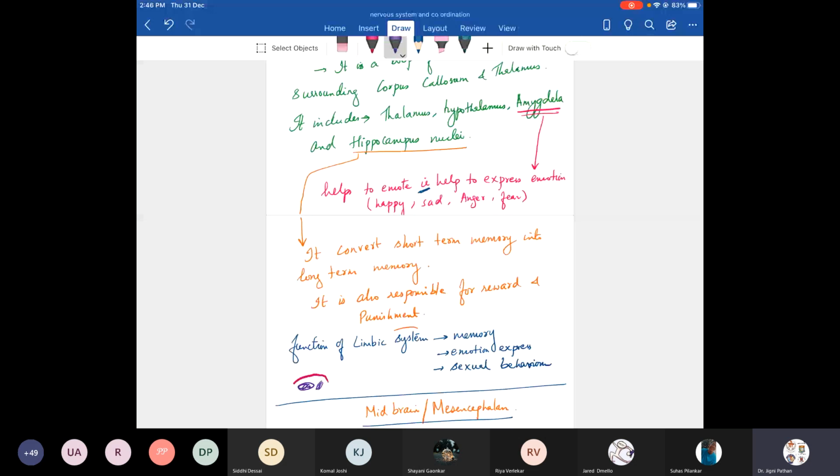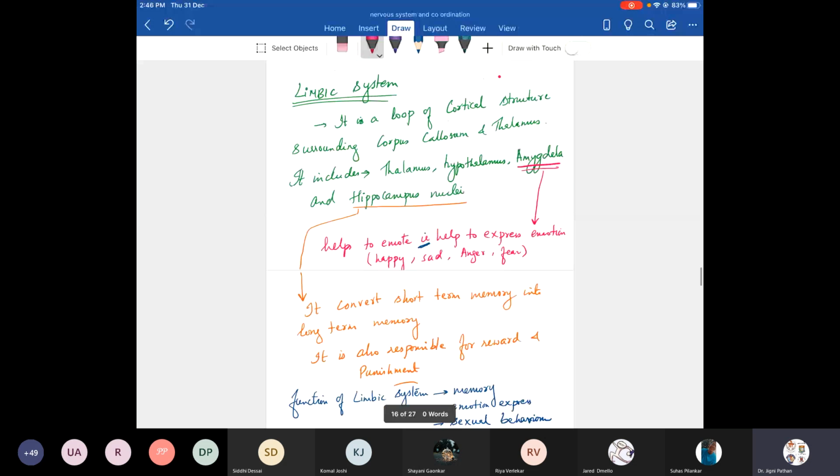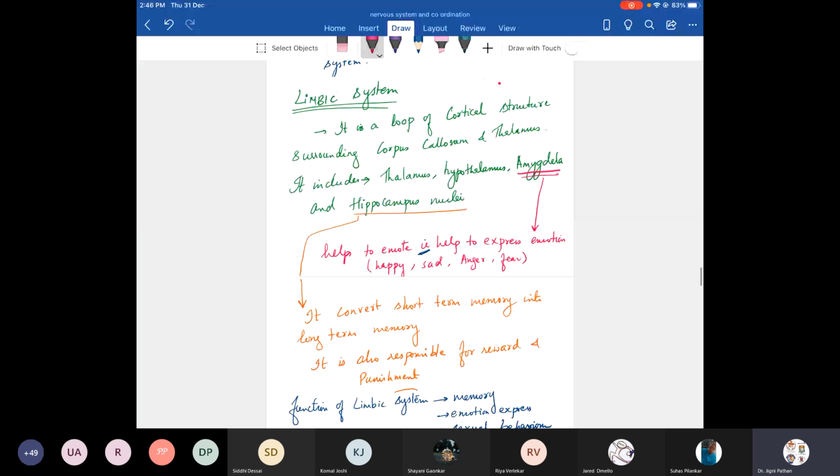Near to that there is a kind of loop which is surrounding the corpus callosum and thalamus. So it includes thalamus, hypothalamus, amygdala, and hippocampus. Very, very important question: limbic system consists of. We should write all four components: thalamus, hypothalamus, amygdala, and hippocampus.